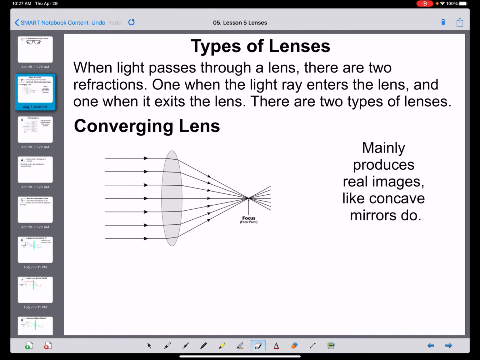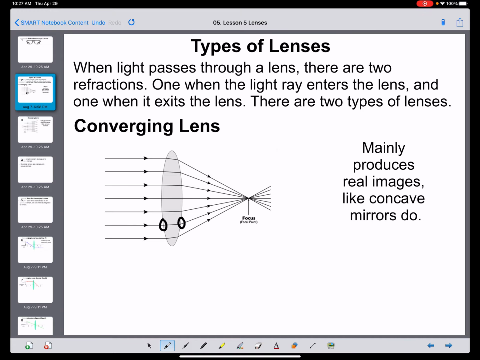So, types of lenses. When light passes through a lens, there are two refractions: one when the light ray enters the lens, so for example, right there, and one when it exits the lens, so here. There are two types of lenses that we study in Physics 30. The first one is called a converging lens. Notice that for a converging lens, the sides of the lens bulge out.